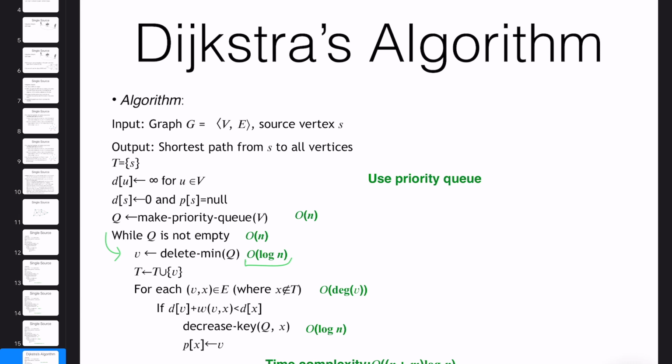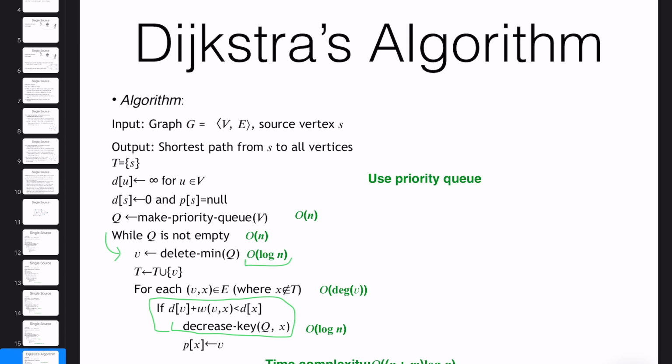So we can say that in the worst case, the time complexity of removing an item from the queue is going to be O of log of n. But there is some other cost that you should be careful about, and that is the cost of updating the nodes. In the case that you are visiting a node through some other node, you are updating the cost of it. You might actually update the cost, right?